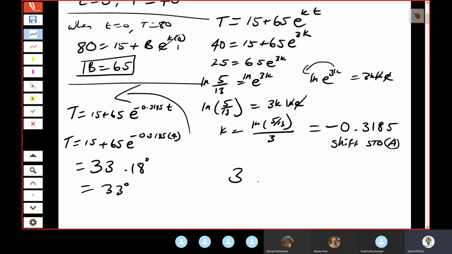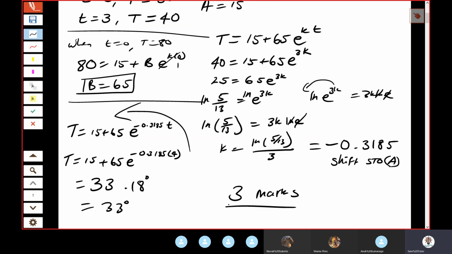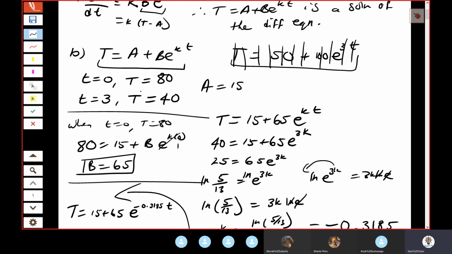This is worth 3 marks, but it is 3 marks of something you already know what to do, right? It's not 3 marks of, oh, this is a hard question and it's worth 3 marks. I already know I'm going to start with that expression all the time. I've always got to find my initial point. Then once I've done that, I sub it back in.